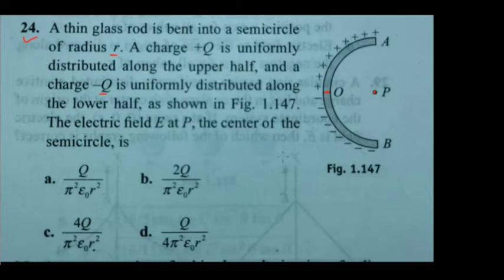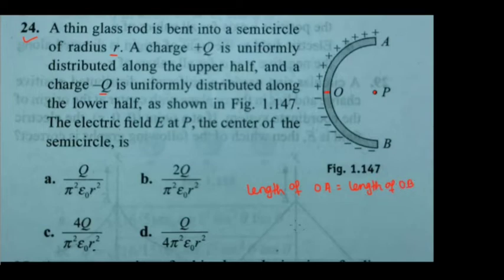So students, this is the case of linear charge distribution, and in both halves we have equal magnitude of charge q, but in the upper half we have positive charge and in the lower half negative charge. Since this is linear charge distribution, we have to find the linear charge density, and for that we need the length of OA or OB. The length of OA is the same as the length of OB.